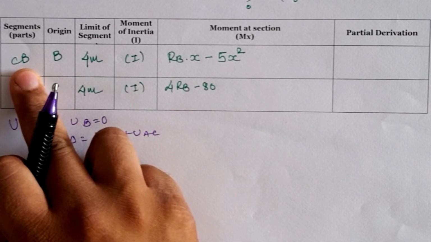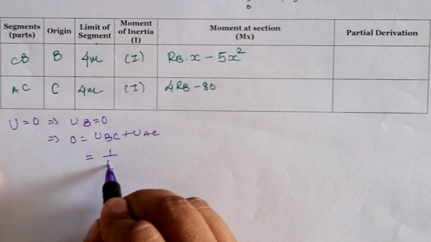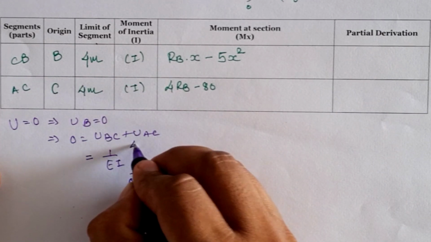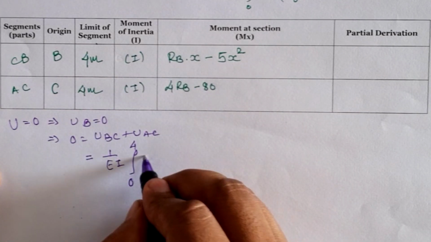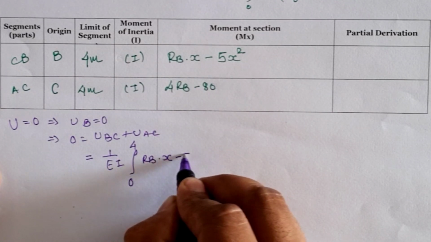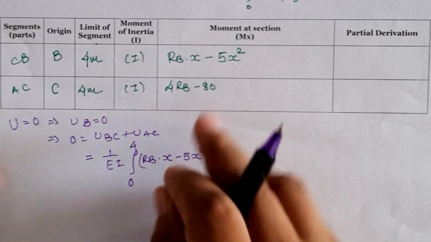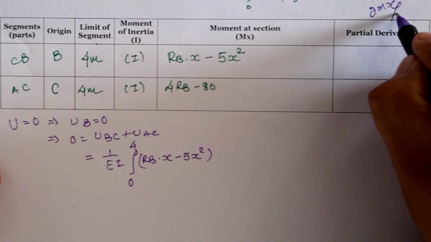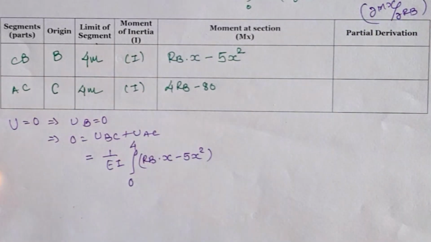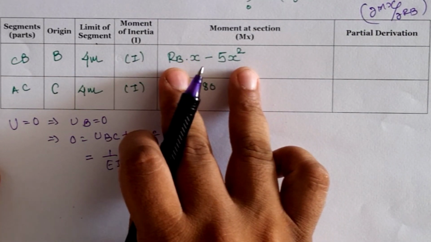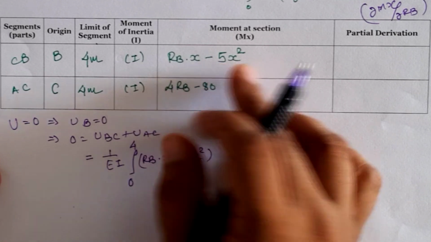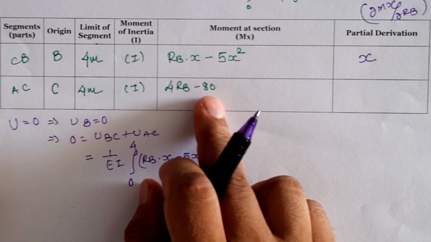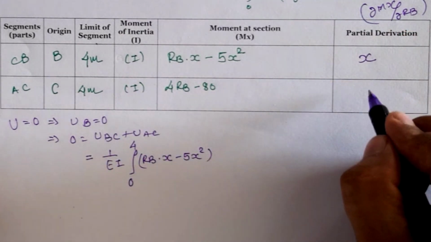For the CB segment, we have 1 by EI as constant, with limit 0 to 4. The sectional moment is RB into x minus 5x square. Now del Mx by del RB is the partial derivative of sectional moment with respect to the redundant. So the partial derivative of RB into x minus 5x square is x, and the partial derivative of 4 into RB minus 80 with respect to RB is 4.